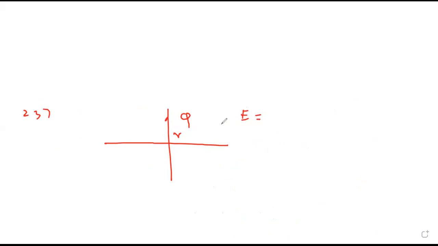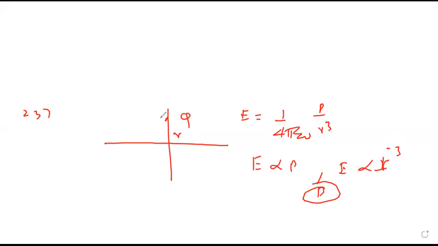Electric field at Q is 1 upon 4 pi epsilon, P upon R cube. That means it is proportional to P and 1 upon R cube, so R raised to minus 3. P and R raised to minus 3, option D.